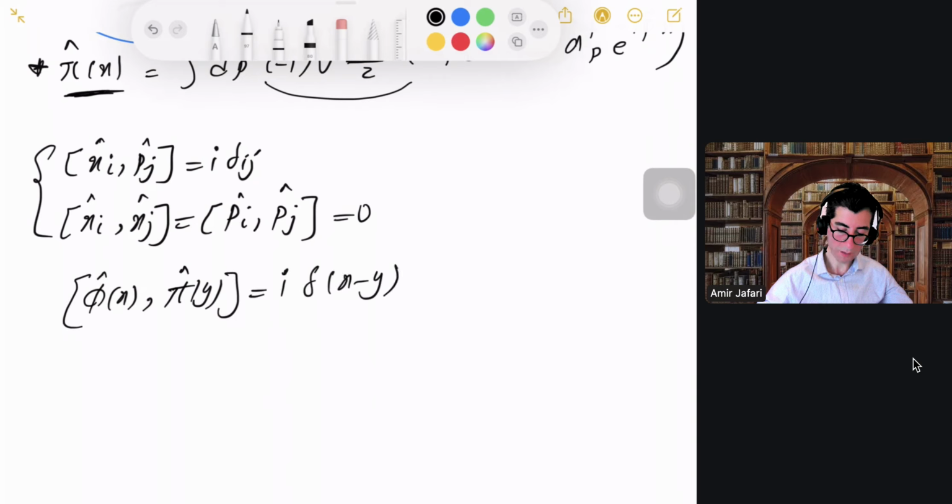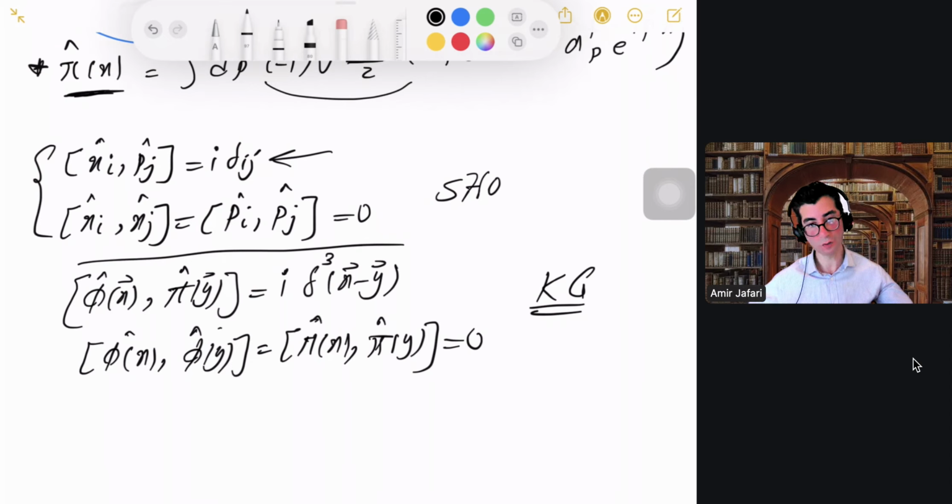Now remember, x and y are points in space, so we need the Dirac delta function instead of the Kronecker delta, and phi(x), phi(y), and pi(x), pi(y) vanish, similar to what we have already. So this is the full similarity between the simple harmonic oscillator and the Klein-Gordon field. Okay, so we have now promoted phi and pi to operators, second quantization, basically.